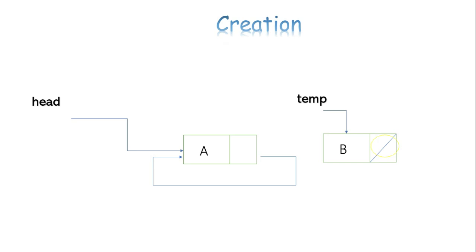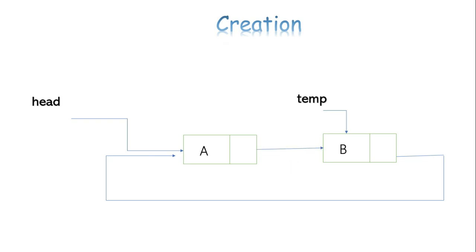We instruct temp.next to point to the head like this. And now, pay attention to the next pointer belonging to the head. We instruct the next pointer belonging to the head to point to the temp. By doing this, our current circular linked list now becomes like this.